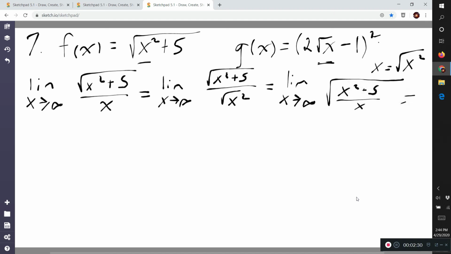Now I can split, sorry, that should be an x squared. We can split that into two fractions, x squared over x squared, which would be 1, and then minus 5 over x squared. Now if we plug infinity in, we get the square root of 1 minus 0, which is 1. That means that f of x grows at the same rate as x.